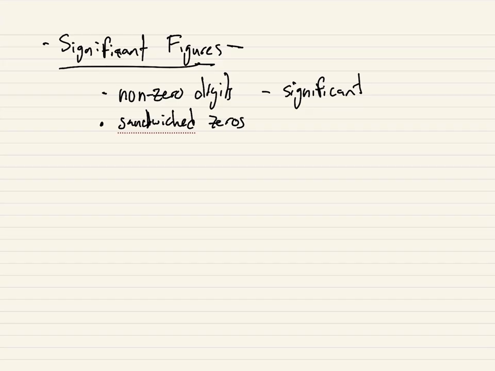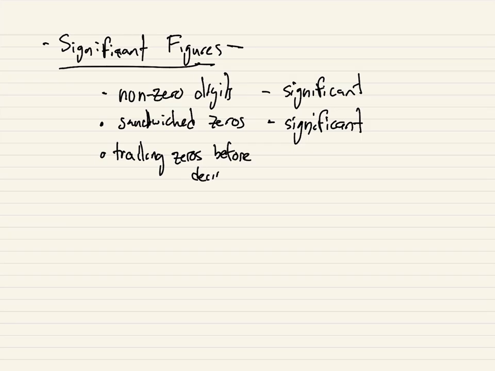This is zeros between two significant digits. What were those? Significant or non-significant? Those are significant, right? What about trailing zeros before the decimal place? Non-significant, right? If we had trailing zeros before the decimal place, they're not significant. So a number like 500, for example, those are not significant.